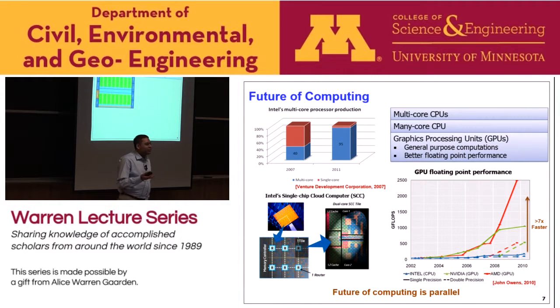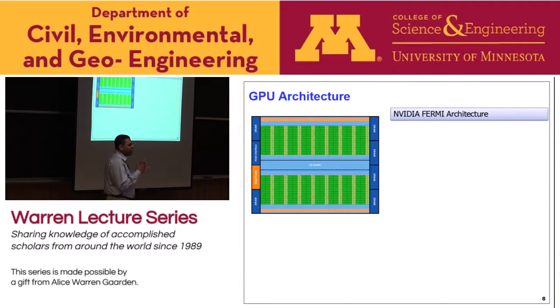I just want to give you a brief background on what essentially is a GPU. This is a block diagram of the NVIDIA Fermi, which was the last generation architecture. What you see here are essentially what are called multiprocessors in a GPU, and then each of those green blocks represents what NVIDIA calls a streaming processor.